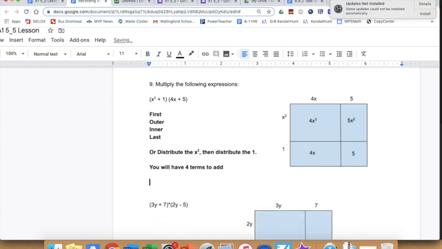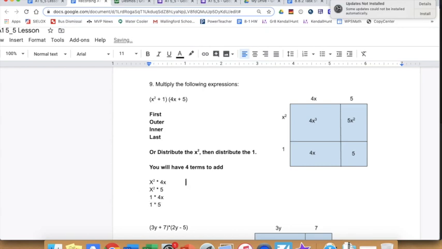So if we multiply the first terms, the x squared times 4x, we get x squared times 4x, and then we got x squared times 5, and then we got 1 times 4x, and then 1 times 5.